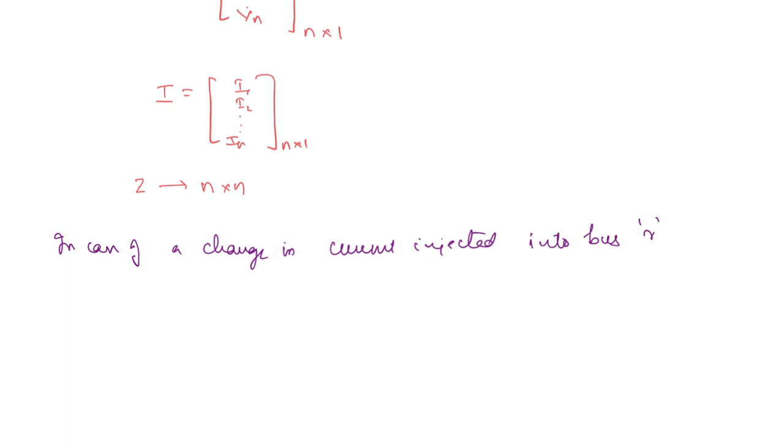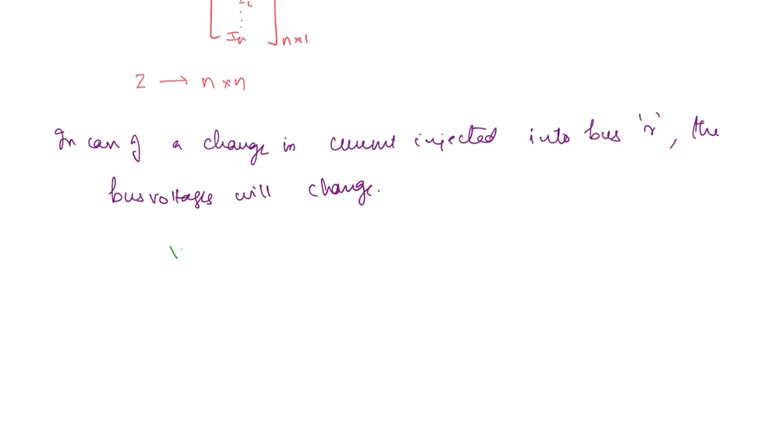Now what will happen in case of any change in any current injected? All of the bus voltages are going to change. If you want to write this in mathematical form, then what will it be? V1 plus delta V1, V2 plus delta V2 and so on till Vn plus delta Vn.